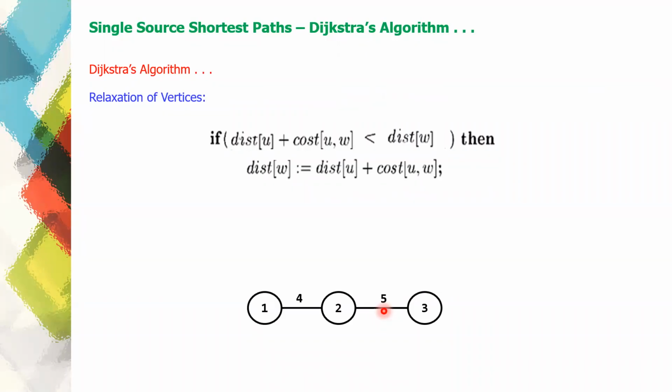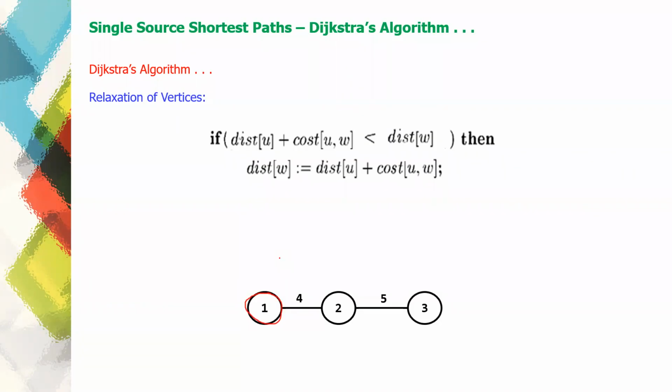Now consider in step 1, I'm going to fix the distances of node 2 and node 3. And I'm going to consider that vertex 1 is the source vertex.